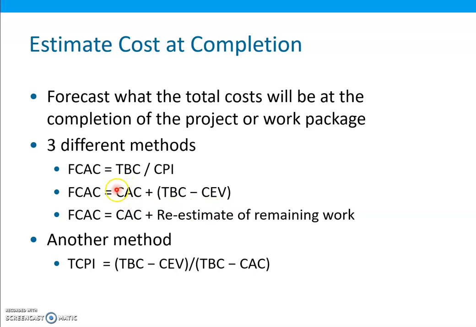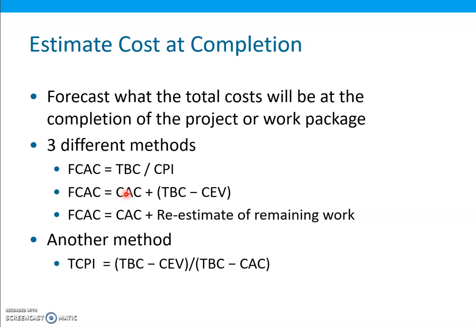So this will be the cumulative actual cost, whatever the actual cost which has been incurred, and then the cost remaining, that is total budgeted cost minus the amount of work that is performed. That is the budgeted cost of the amount of work remaining. So this will be added to the actual cost which was spent.